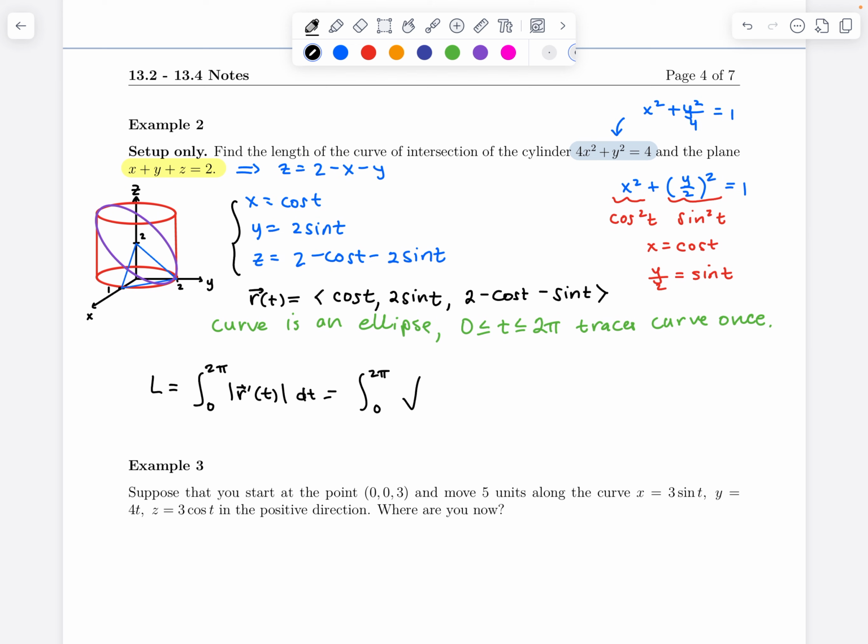It's going to be, so the derivative of the x component, because x is cosine t, is going to be negative sine t. But then I know to compute the magnitude, I'm going to square the x component, and then take the derivative of 2 sine t, which is our y component, and you get 2 cosine t, and that's squared, plus the derivative of the z component, which is sine t minus cosine t, quantity squared.